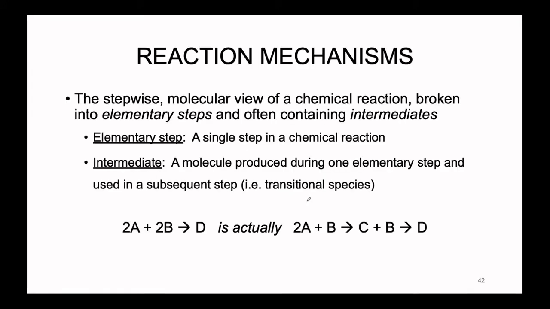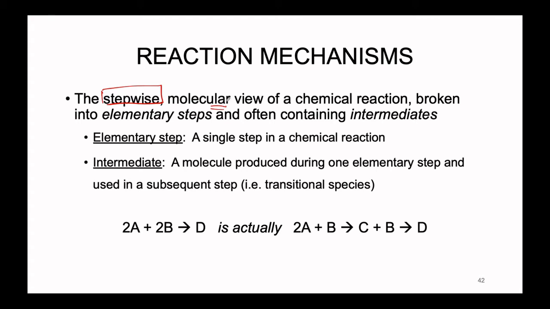All right, so what is a reaction mechanism? Well, we have a basic definition of this, but it is what I've already sort of outlined, the idea that a reaction is going to happen stepwise. So we're not going to have one big fell swoop kind of a reaction. It's going to be piece by piece, step by step. And so we can describe this stepwise reaction mechanically in a molecular view, right?